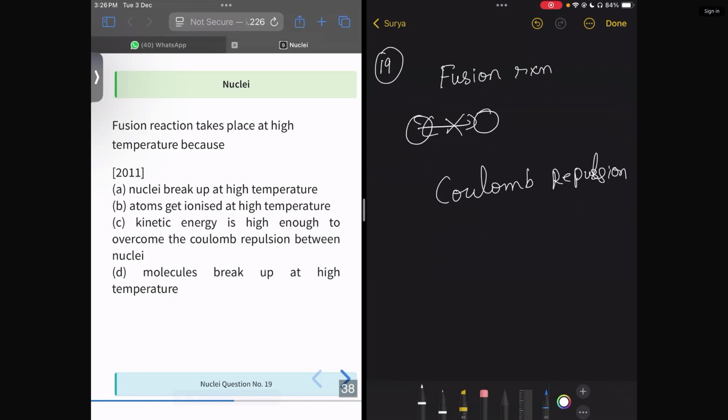So at extremely high temperature, on the order of millions of degrees, the nuclei gain enough kinetic energy to overcome this repulsion, so that they come close enough for the strong nuclear force to take over and bind them together. So high temperature is required. So option C is the right answer.